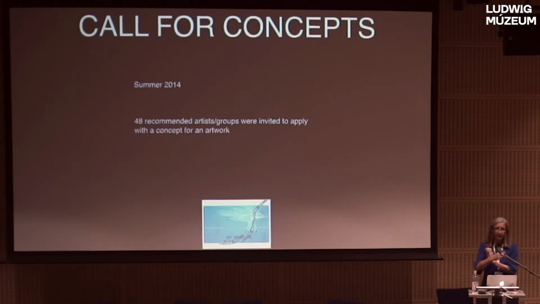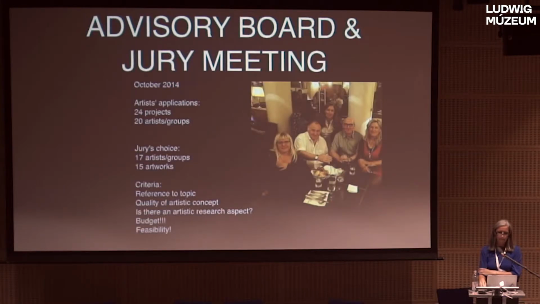After this, we got 48 recommended artists or artist groups from the curators, and we invited them to apply for the project with a concept for the artwork. Then, of course, we got a lot of very, very interesting things, everything completely different.